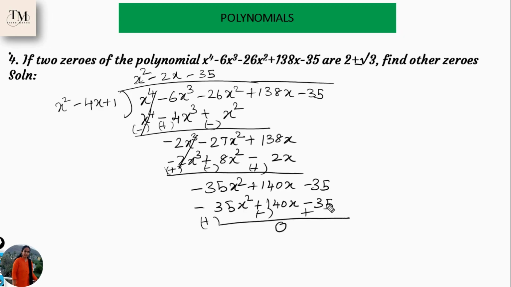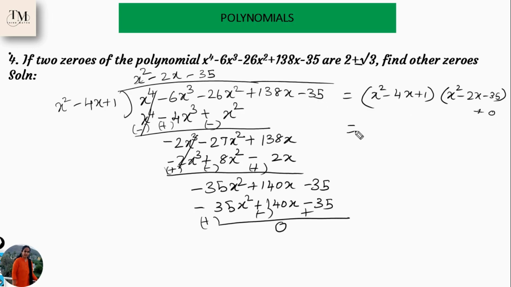The remainder is 0. So the given polynomial can be written as the divisor, x square minus 4x plus 1, into the quotient, x square minus 2x minus 35.